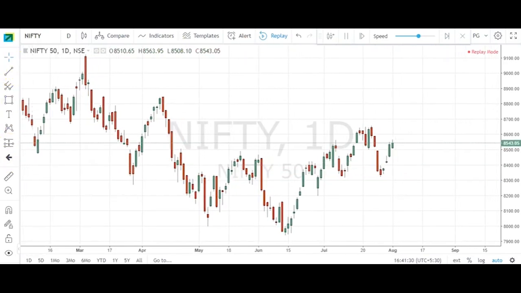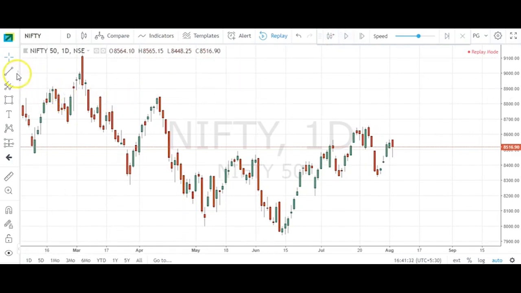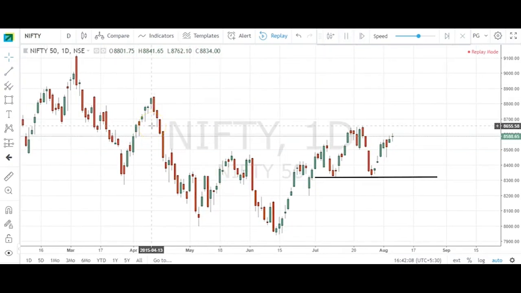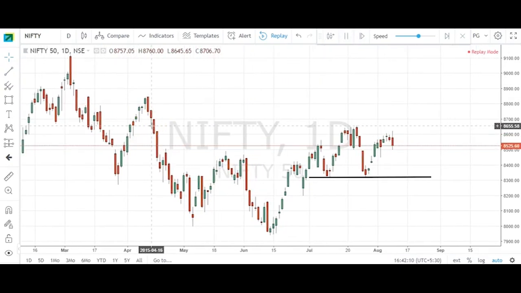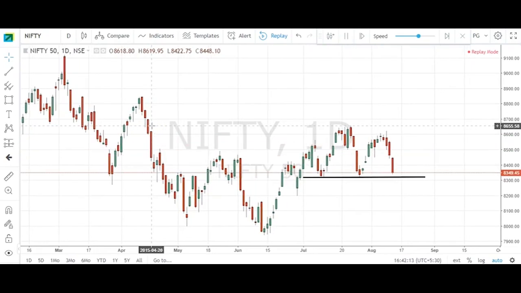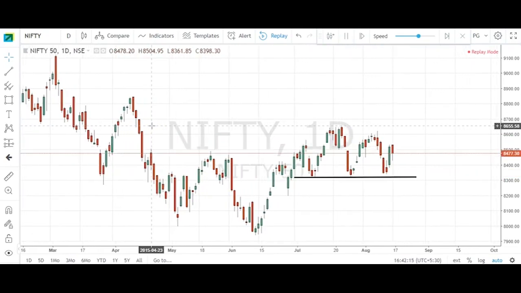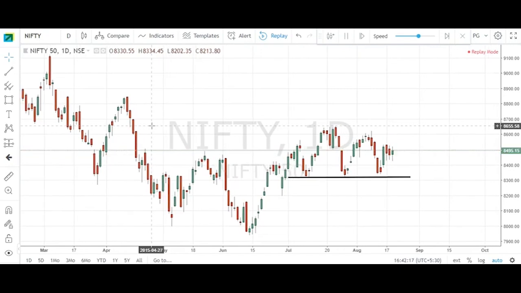Okay, 2 times price has tested this support and moved up, so this is a major support which got created in the chart.